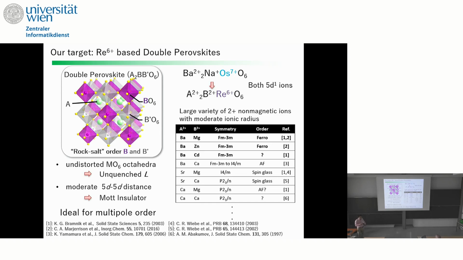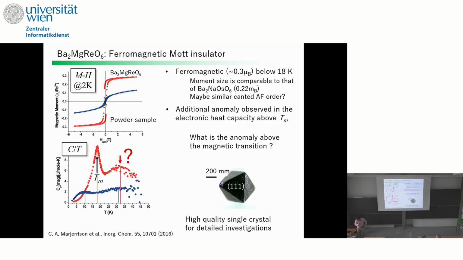And thanks to all this work, including Professor Gowring's group, we know the physical properties of some of them. And among them, of course, I am focusing on cubic symmetry at room temperature. Now, as already presented by Professor Gowring, I'm interested in this compound.